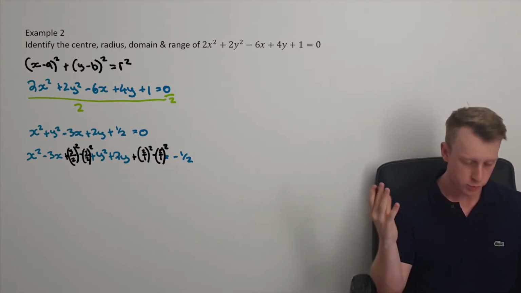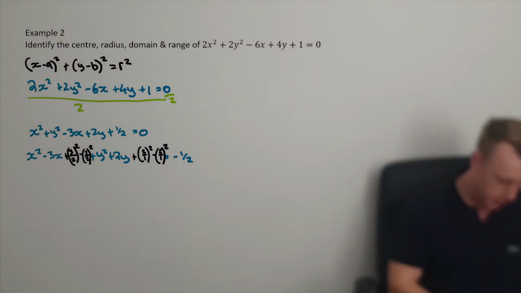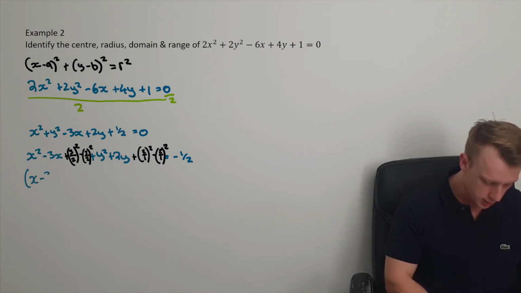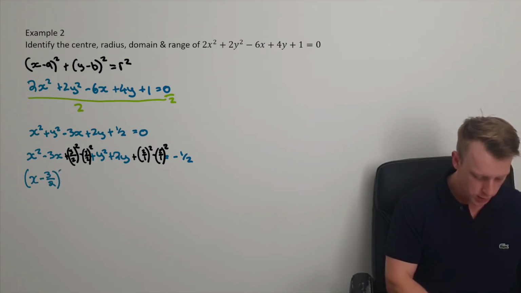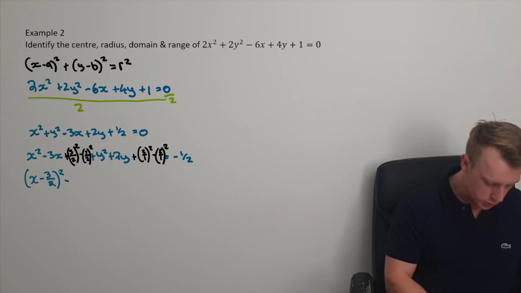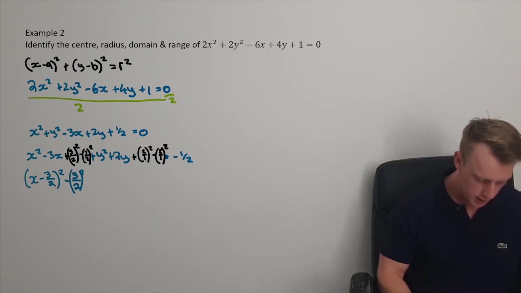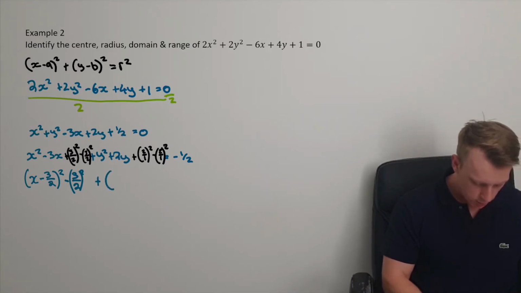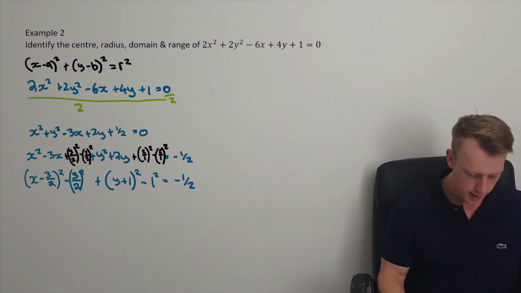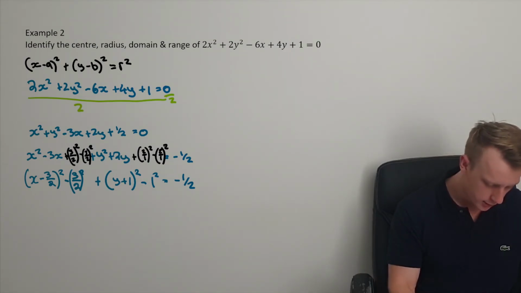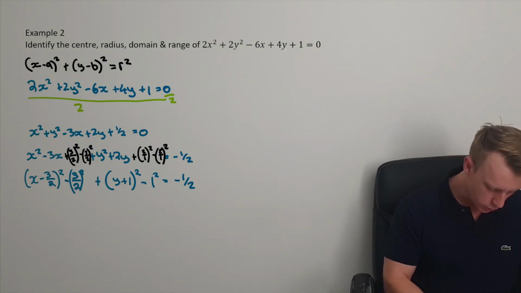The way that we've set it up, we've put it so that we can complete the square. So we've got x minus 3 on 2 squared, subtract 3 on 2 squared, plus y plus 1 squared minus 1 squared equals negative a half. Okay, I've seen this technique before.